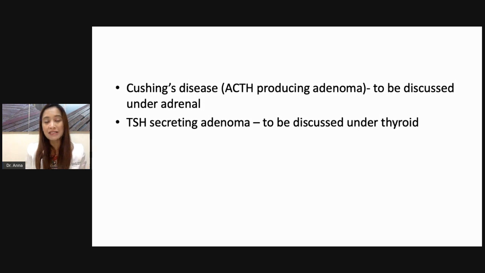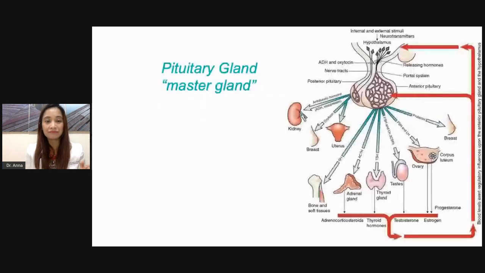ACTH, Cushing's disease, which is actually a pituitary disease, will be discussed under our topic on the adrenal glands, and your TSH secreting adenoma, which is strictly speaking a pathology of the pituitary, we will discuss together with the rest of the disorders of the thyroid gland.